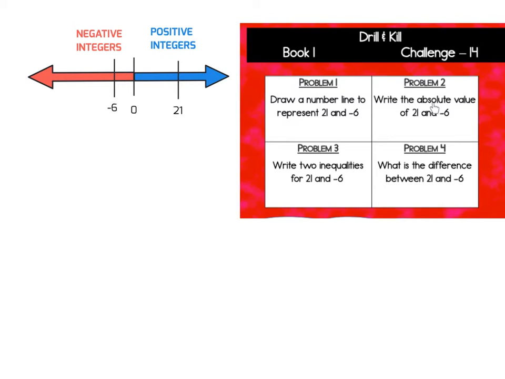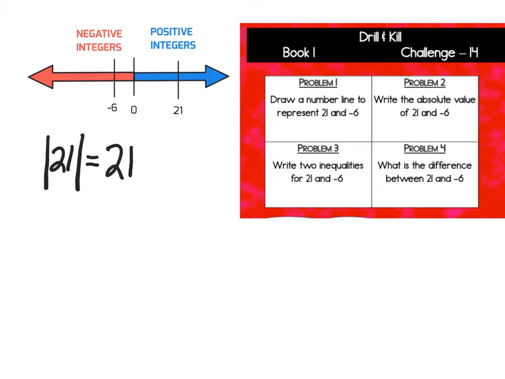Now we must move on to the absolute value. So we'll write the absolute value of 21 and of -6. Now once again, the absolute value is simply the distance from 0 to that number. So for 21, you write it like this. You do 2 lines on either side of the number 21, and that is going to equal simply the distance from 0 to 21. So the absolute value of 21 is 21.